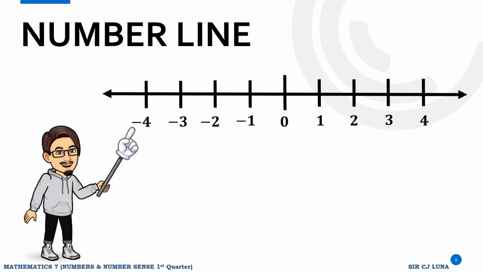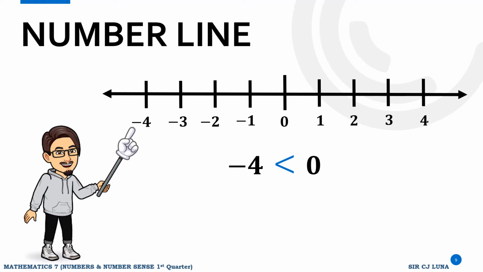Let us once again have the number line. So let's now try to compare our integers. Okay? So let's have our first pair of integers. We have negative 4 and 0. What can you say about negative 4 and 0? How do you compare them? Okay, very good. Negative 4 is less than 0.